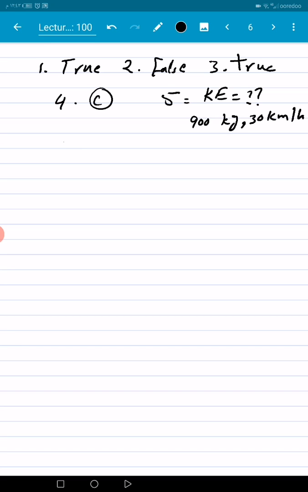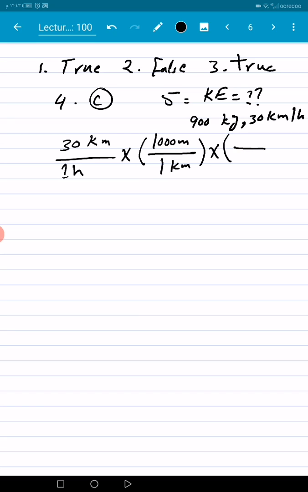So 30 kilometers per hour, multiply by 1000 meters, which equals 1 kilometer, over 1 hour, which equals 3600 seconds.